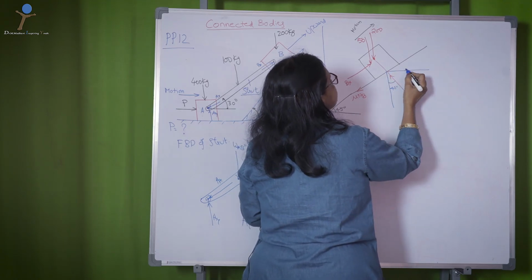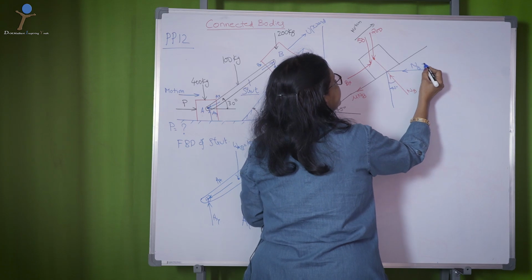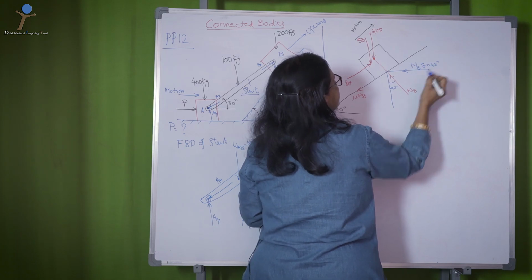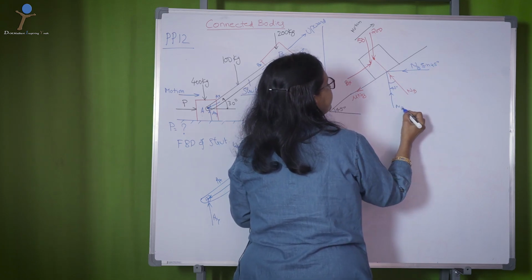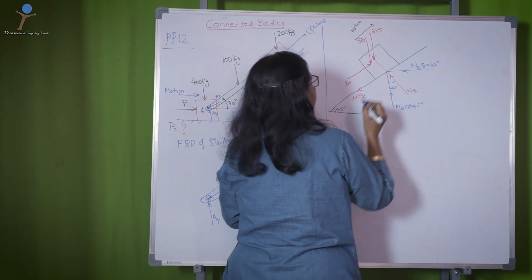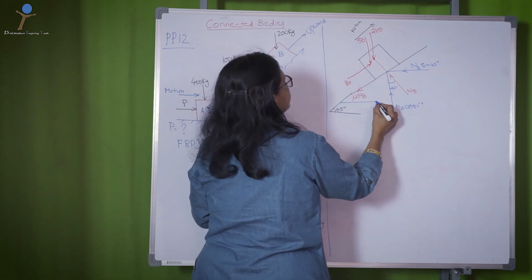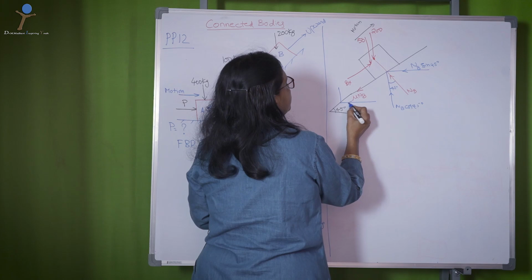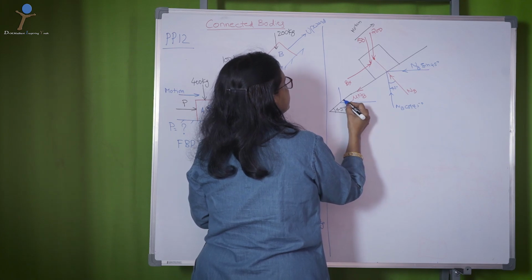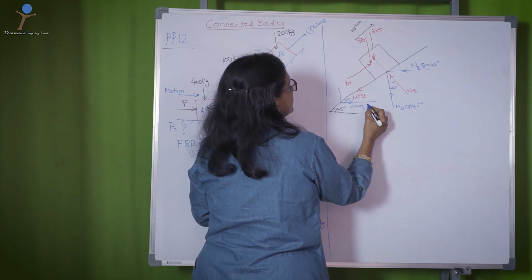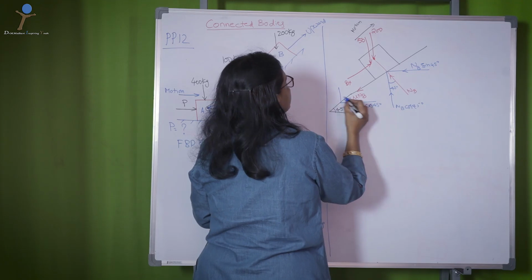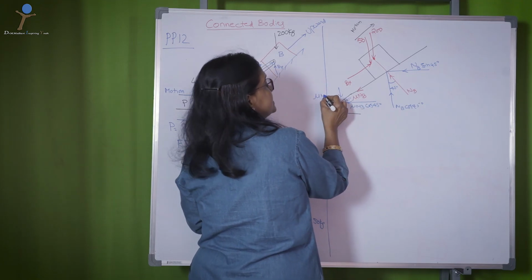I call this NB sin 45, NB cos 45, and mu NB cos 45, mu NB sin 45.